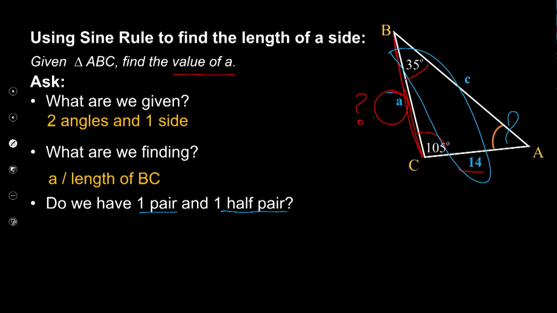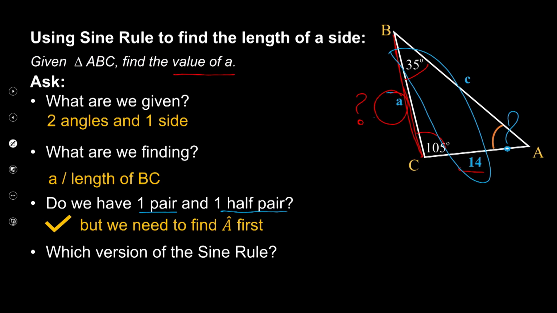So our first problem is to find angle A. If we did find angle A, it means we would have the half pair A and little a. So how can we find angle A? We'll use three angles of a triangle.